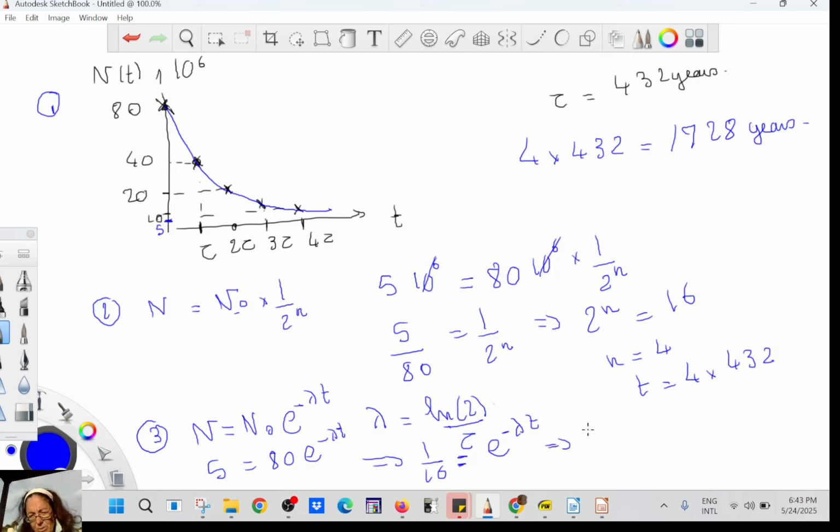Okay, so you have to take the natural log on both sides. And at that point, you need a calculator. And if you solve that, you're still going to get the same thing. But why do you want to do it the hard way when you can do it the easy way? So number 1 and number 2 are much easier.